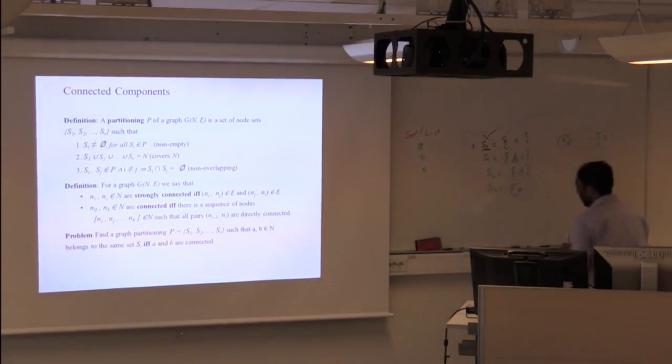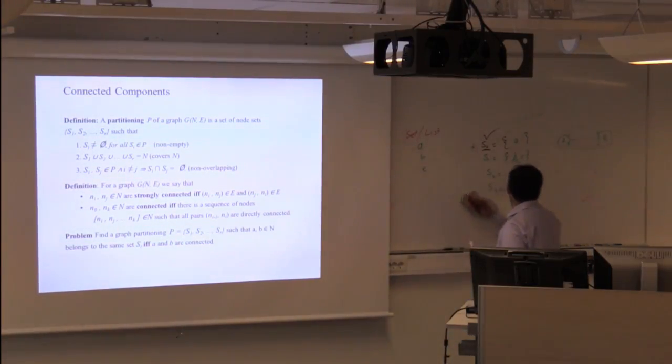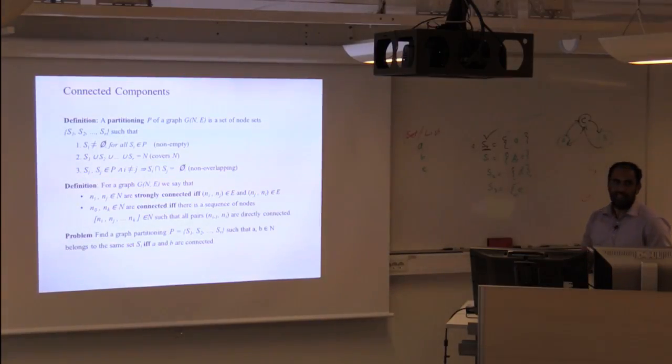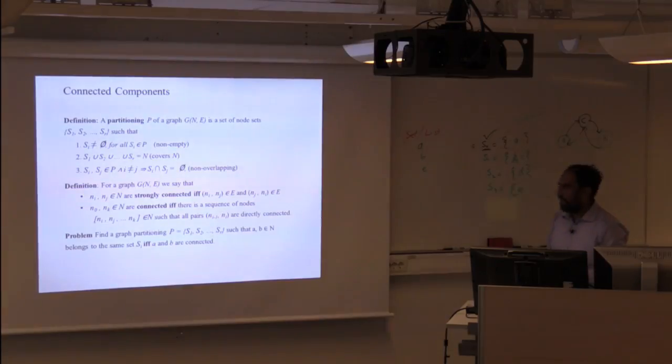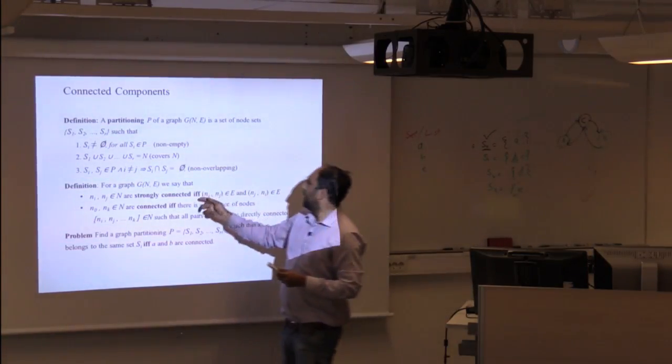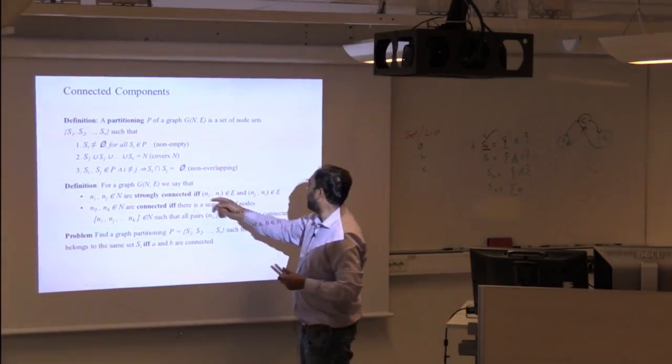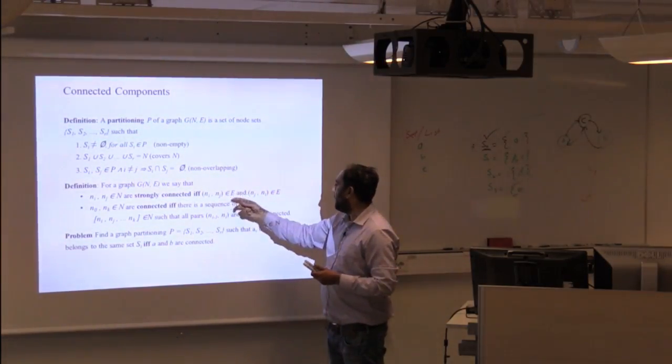If you have a path in both directions, let's say we have a C here, and then maybe like this. So we have a path from A to B and B to A. In that case, it's strongly connected because we have edges (i, j) that belong to the edges.